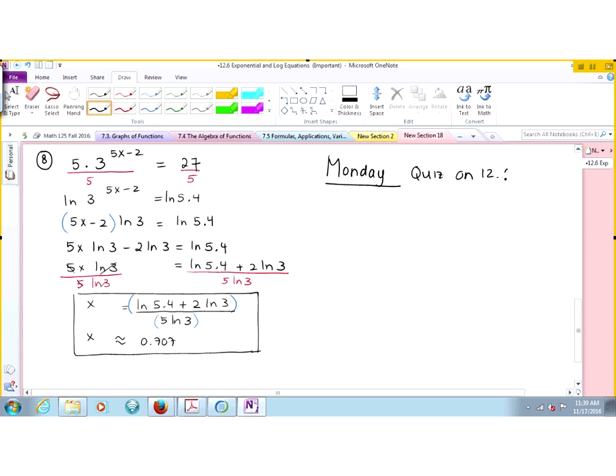Monday quiz on 12.6 exponential equations. So you guys have to do well, okay? Now, do you think you could start on homework 12.6? I know it's not due, but why don't you start homework 12.6, okay? Adam, you can work on them during SI hours.